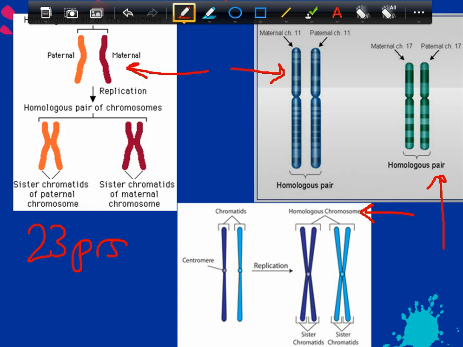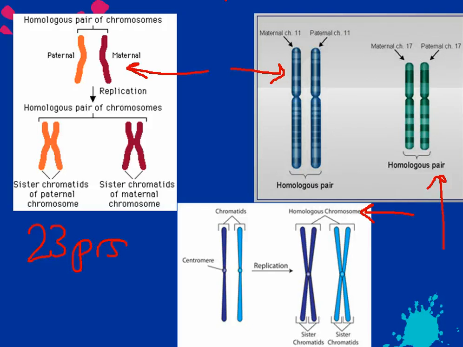One of the pair carries paternal, father genes, alleles, and the other of the pair carries the female. These chromosomes come together in a paired fashion at fertilization. Remember, sperm and eggs do not have paired chromosomes. They have single.